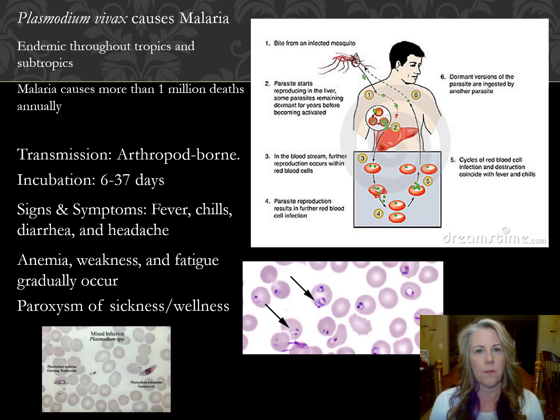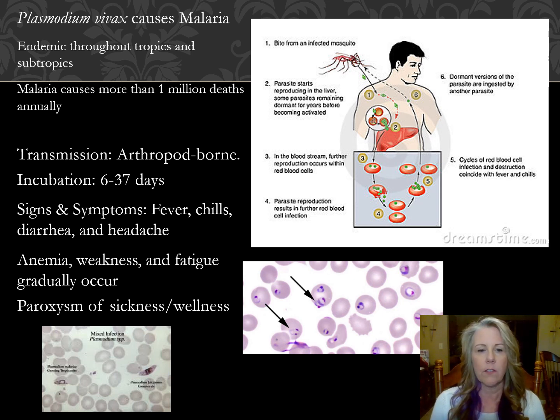So you think that you're cured, you think that you're better. Lo and behold, you get sick again. So it waxes and wanes with how sick you actually are. That's called paroxysms, and malaria can display that.